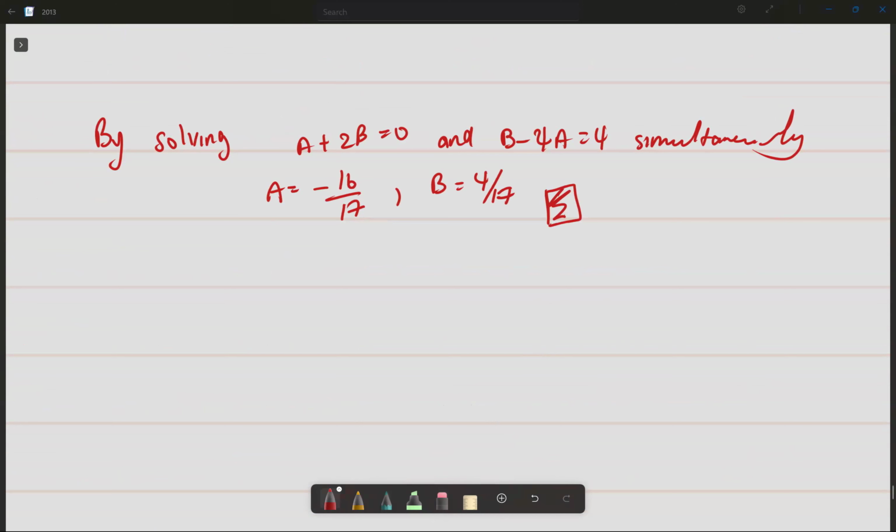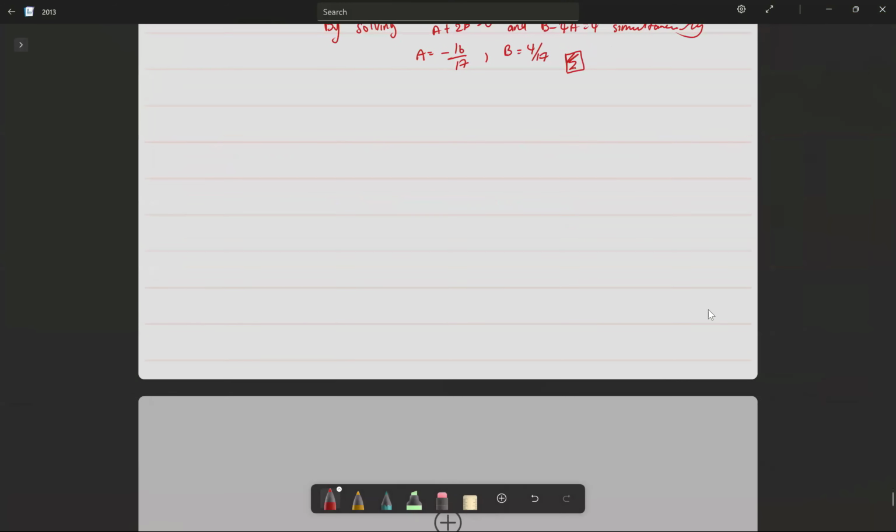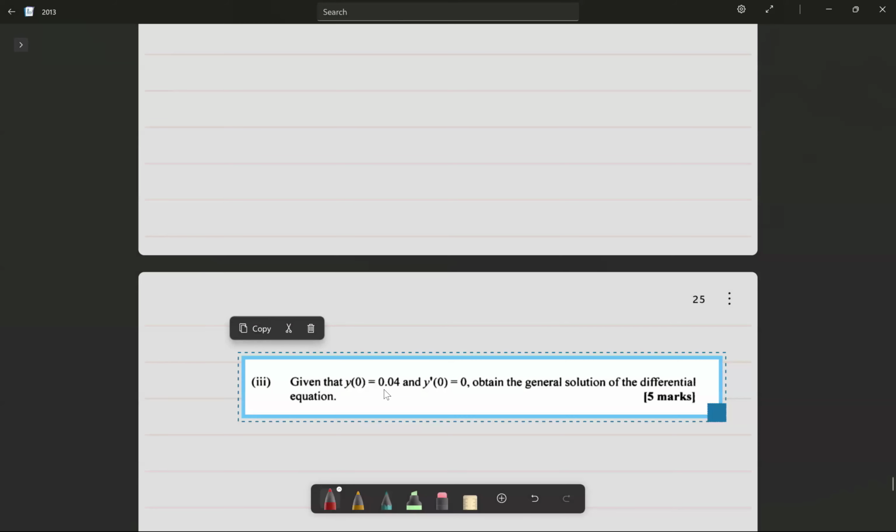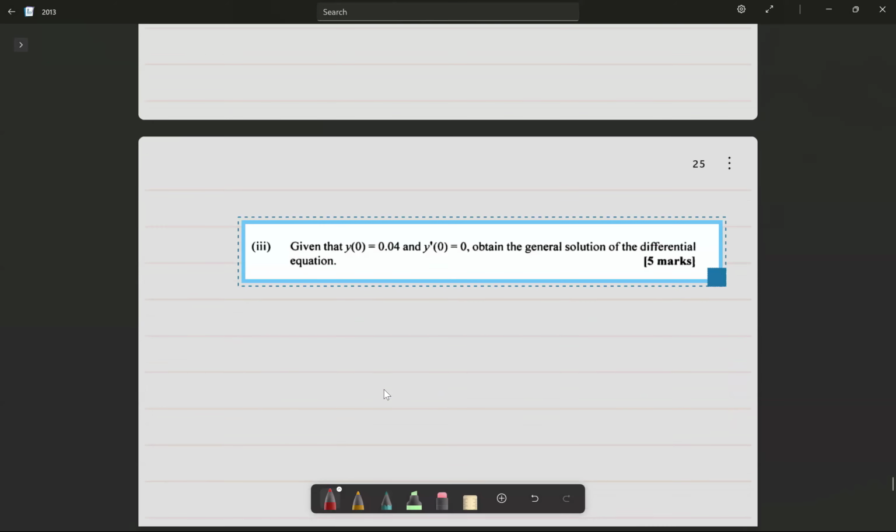So the last question says, I have space here. Let's start somewhere else. Paste. So earlier, we found the general solution, right?